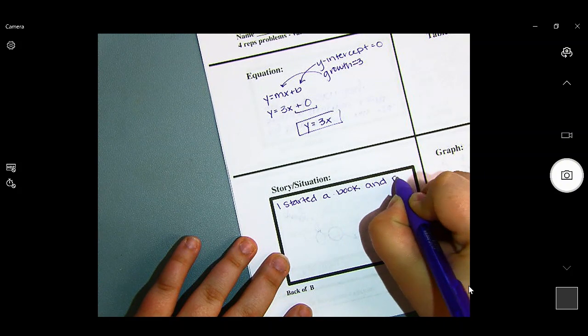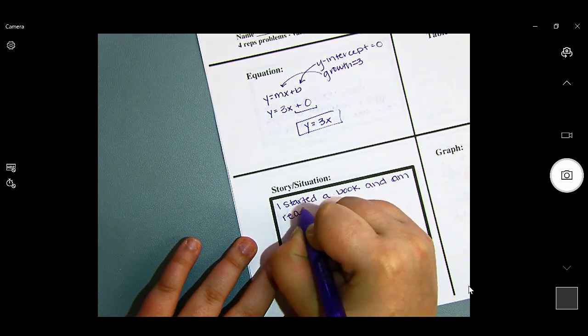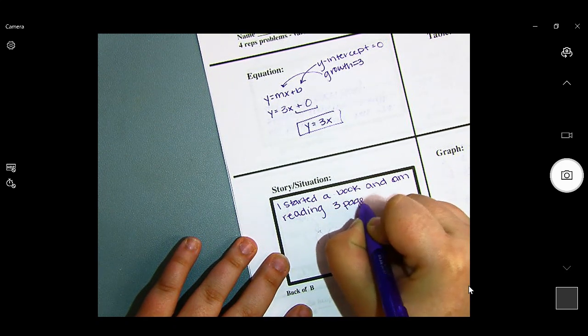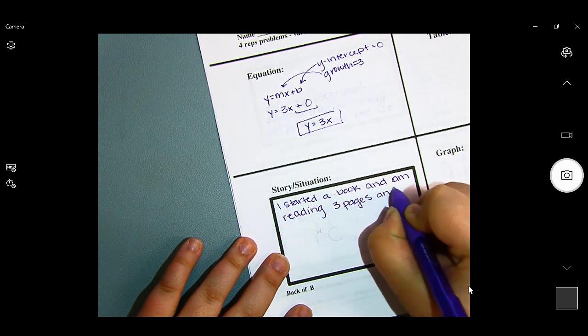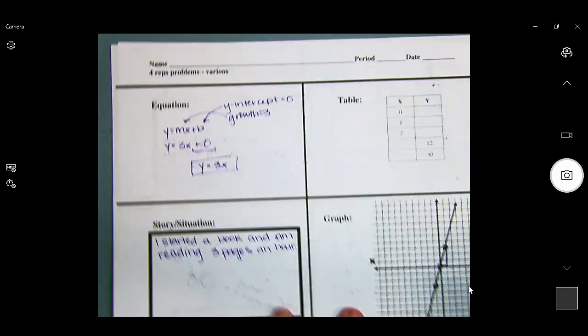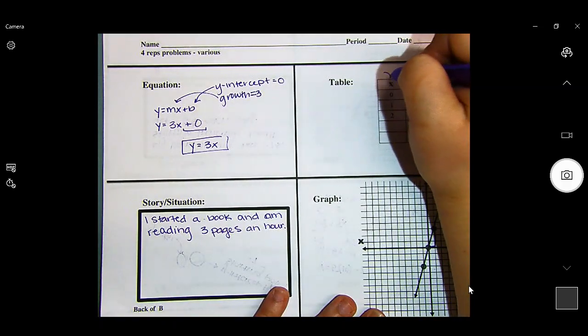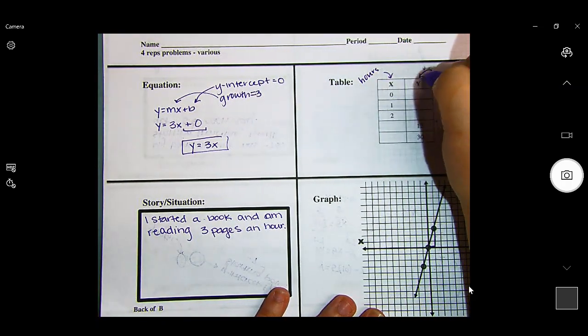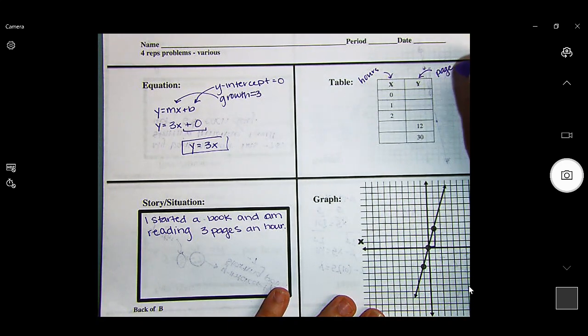And I am reading 3 pages an hour. Okay, so that means that X is our number of hours and Y would be our number of pages.